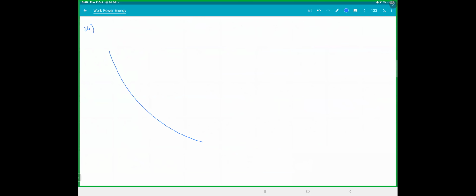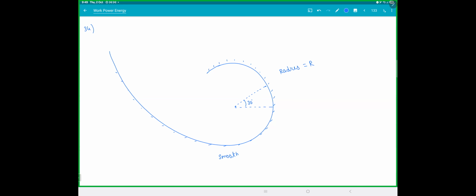So let's say we have a track like this. Ever seen that Hot Wheels car track? Something of that sort. So this is the track of radius r. The whole thing is smooth.